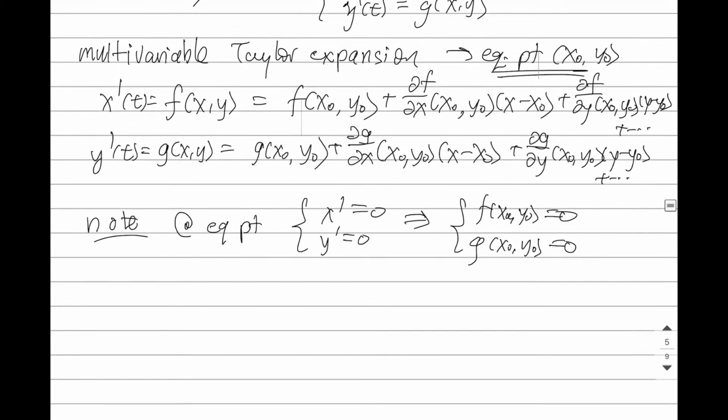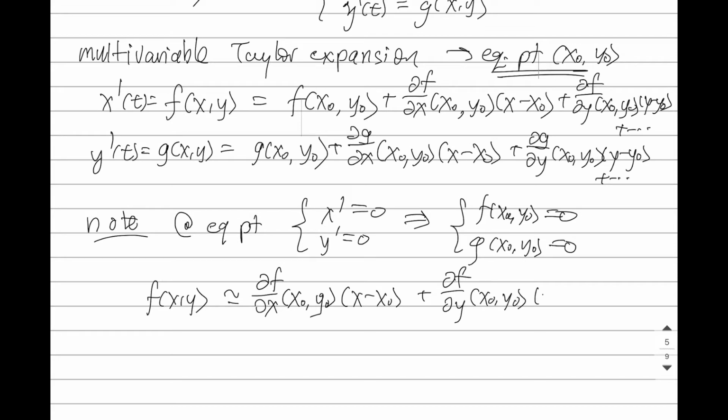So near the equilibrium point, we can simplify things even further. We'll have f of x and y approximately equal to the first partial derivative at the equilibrium point times x minus x naught, plus the second partial derivative at the equilibrium point times y minus y naught, plus this higher order stuff. And similarly here, we'll be able to write this.